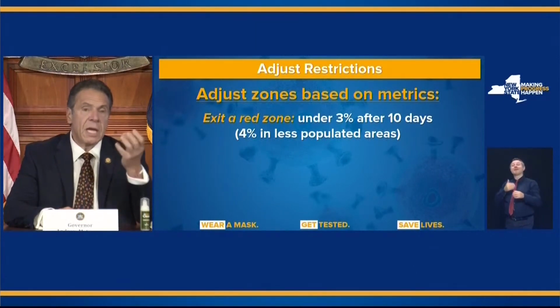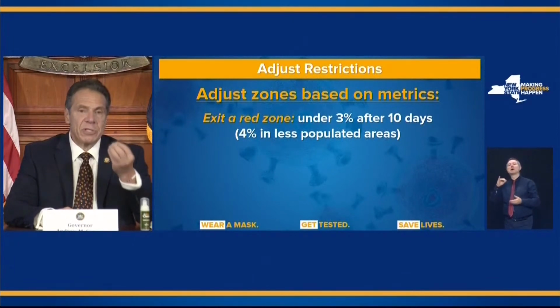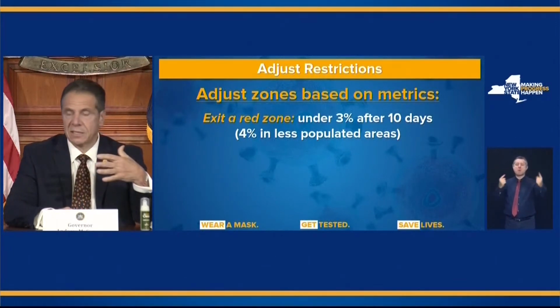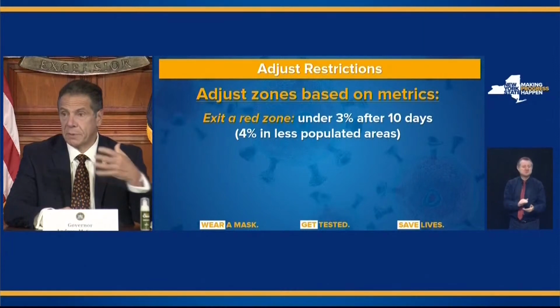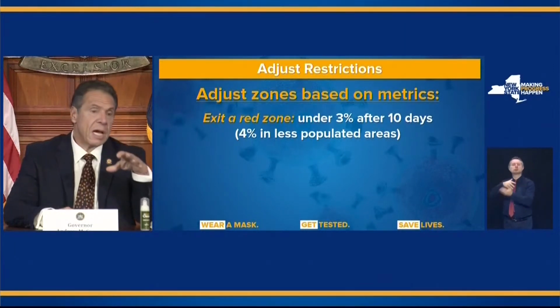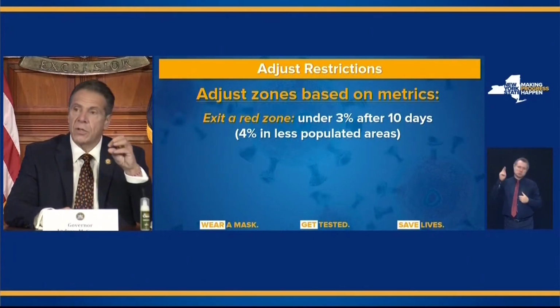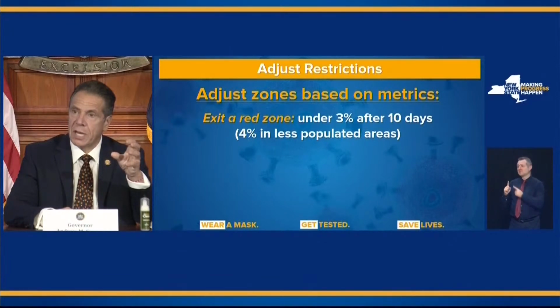What does that mean? The virus spreads faster in a denser population than in a more rural population. In a more rural area, you come into contact and proximity with fewer people than in a denser environment. If you are in the middle of New York City, you have one factor for spread.